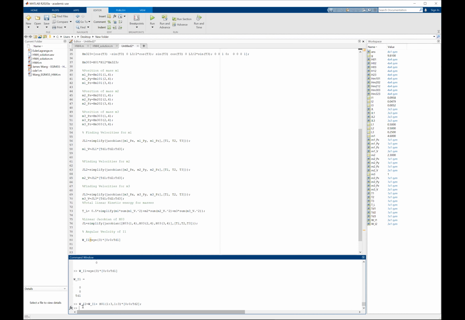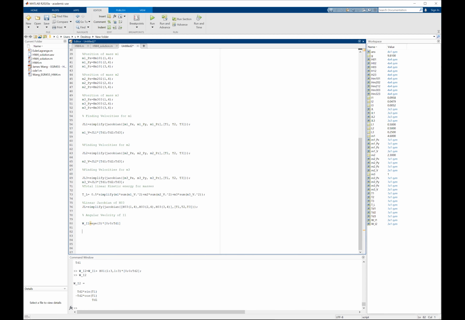This is going to be W_I2. And W_I2 is going to give you TD2 sine T1, TD2 sine T2, and TD1 as its omega z. So I just need to write this here.